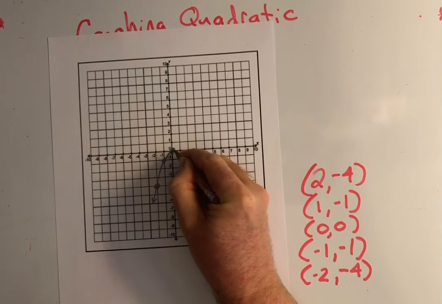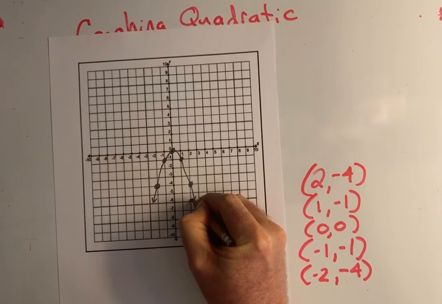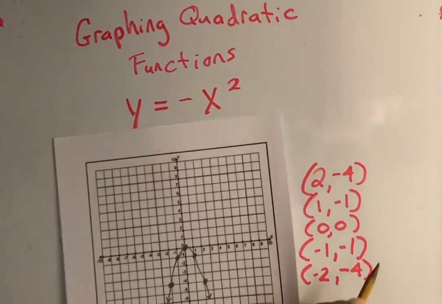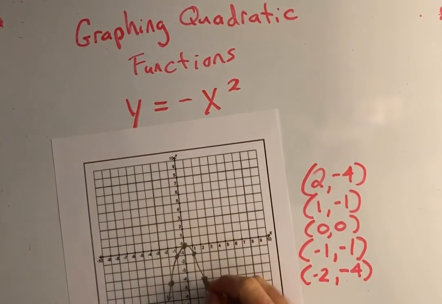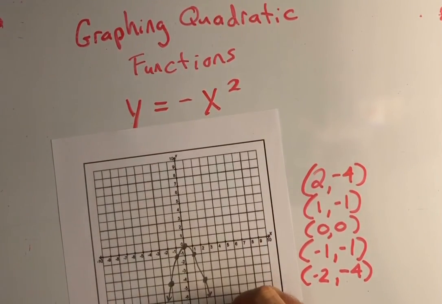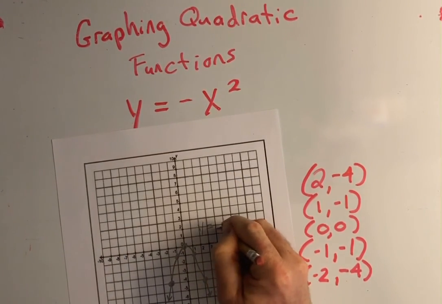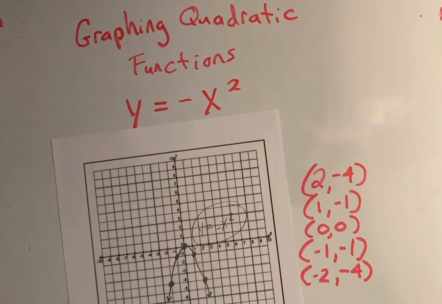So I have my nice parabola here. And it's also good, when you have a parabola like this, to label what it is. This is the parabola, the graph of y equals negative x squared. And that's how you do it.